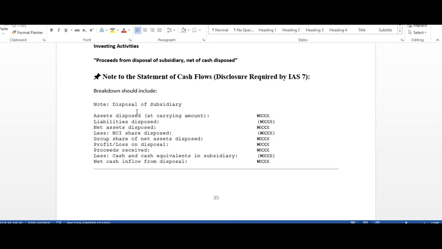So the disposal of subsidiary now. When you dispose of a subsidiary, the asset disposed at carrying amount has to be stated. This is the calculation. The liabilities you are disposing, you less it from there. That will give you the net asset disposal, less NCI share of the disposed asset.